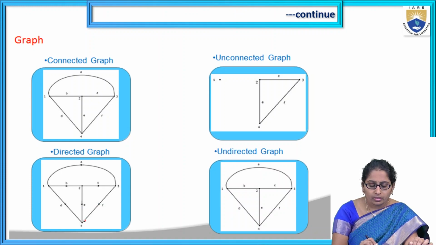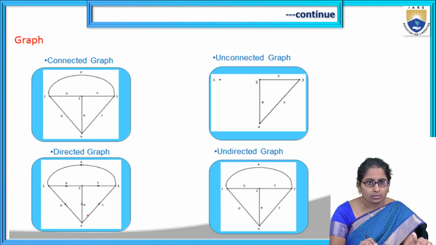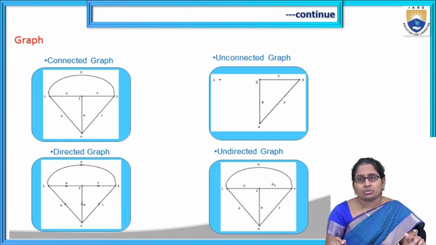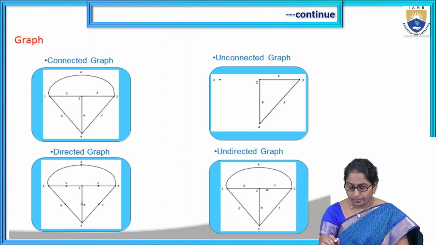That means with respect to a particular node, is it incoming to that node or outgoing. Next, undirected graph means its directions are not given, not shown, then that is called undirected graph.